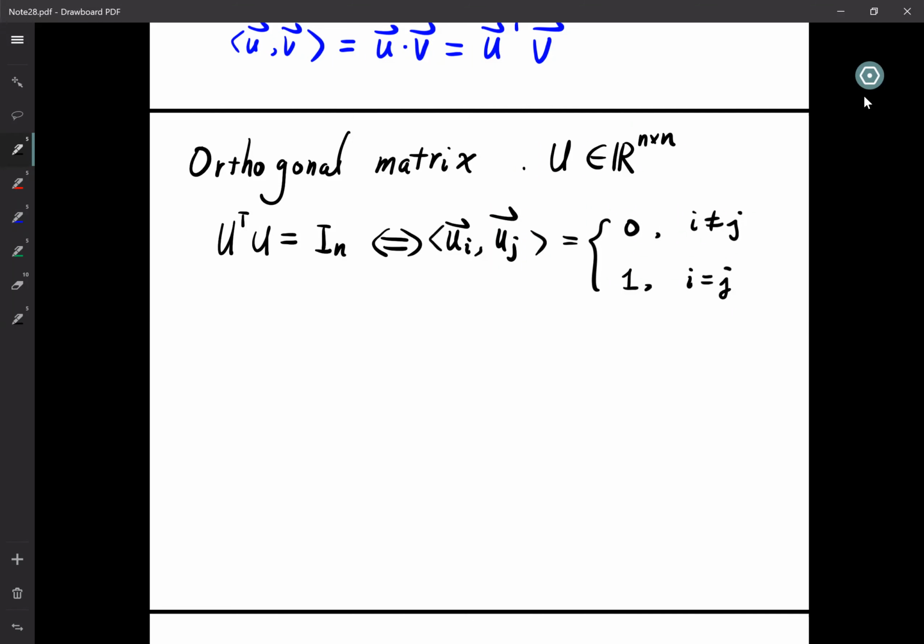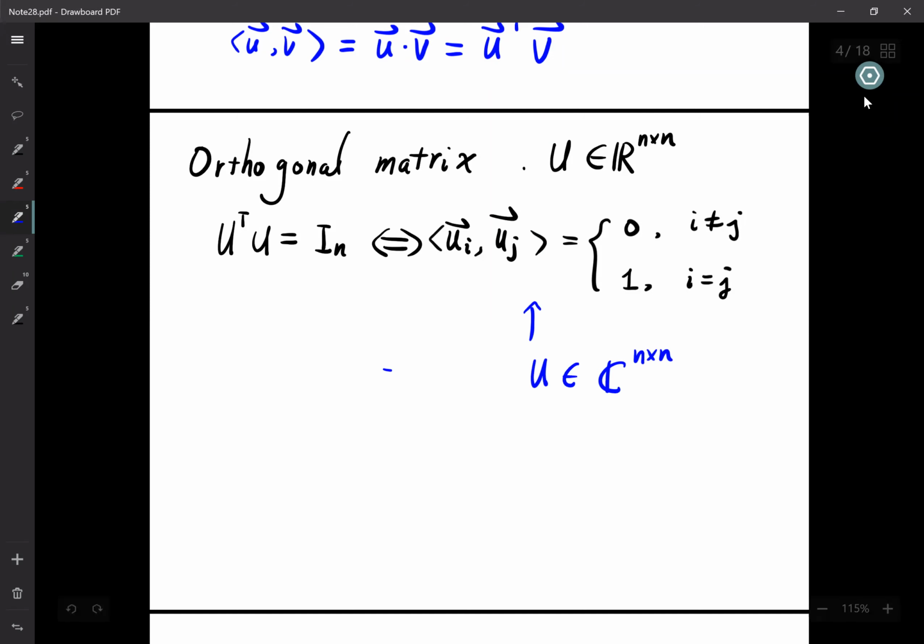In particular, now if I consider U that is a complex n by n matrix, I can still adopt exactly the same criteria. But the definition of this inner product is now replaced by u_i star u_j.